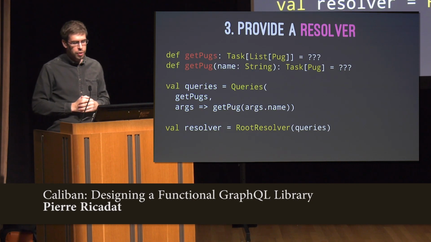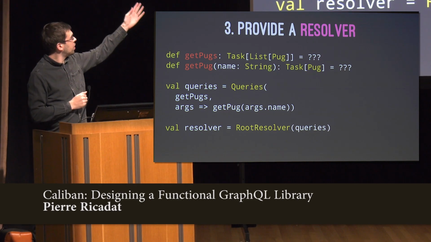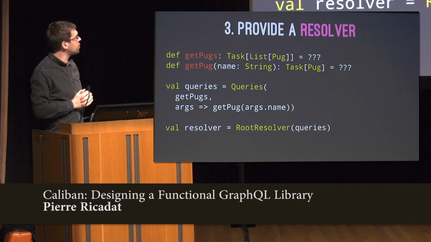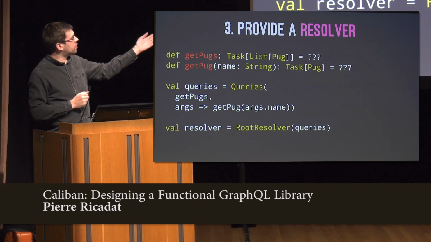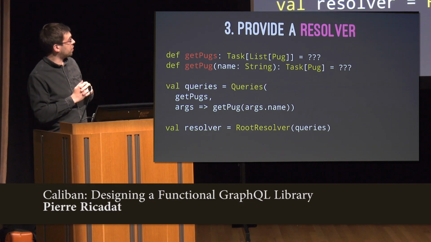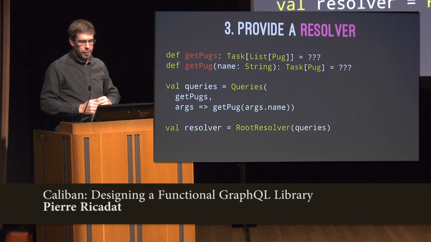We provide a resolver, so let's say we have some existing API, get bugs. We just create a val queries of that type that calls those functions. And then we create a root resolver. I think that's the first Caliban type that you actually need to deal with.